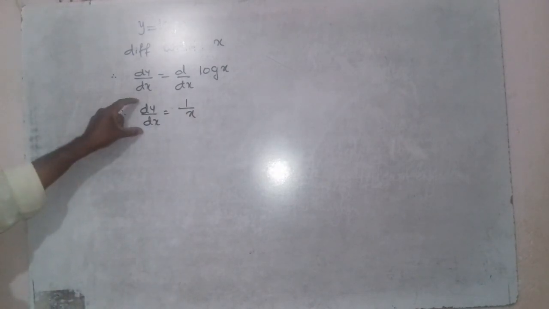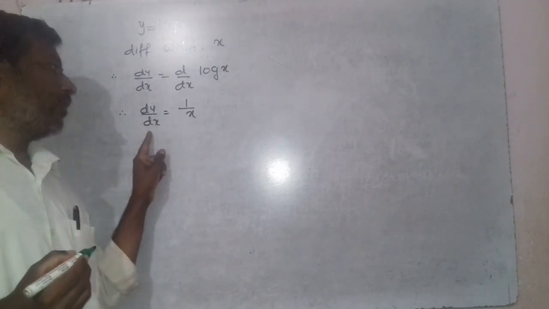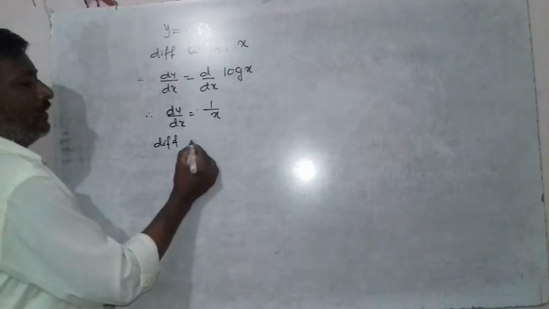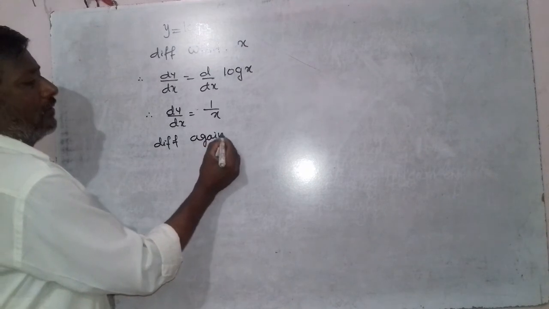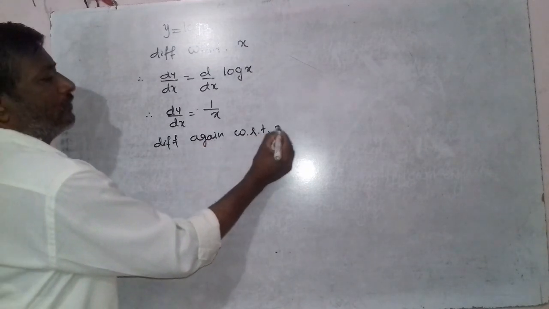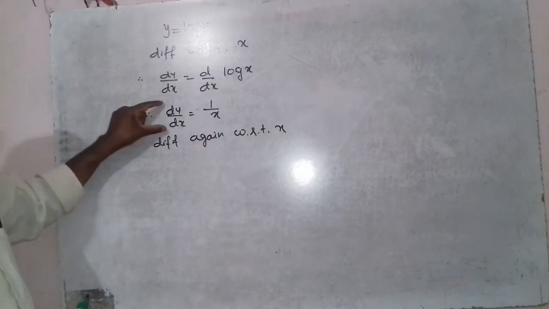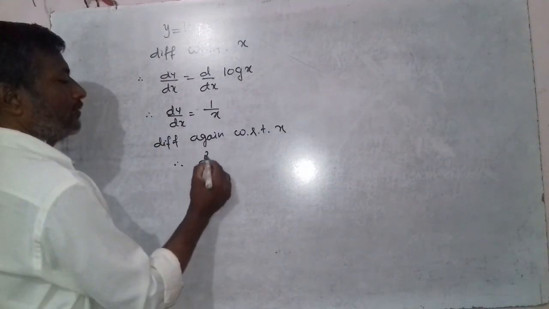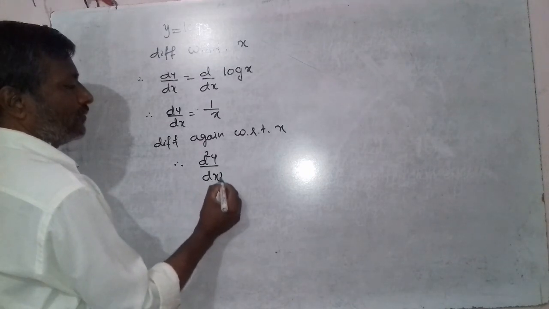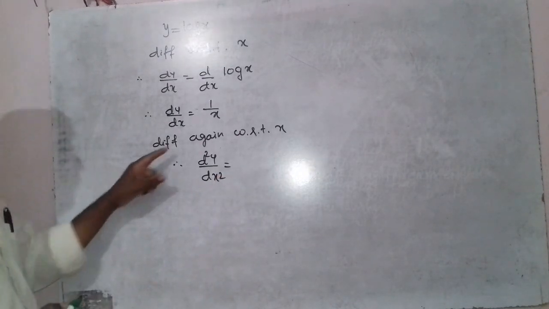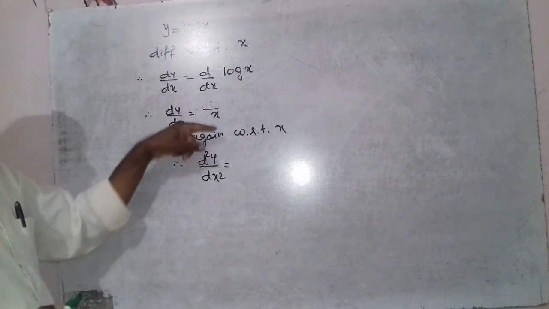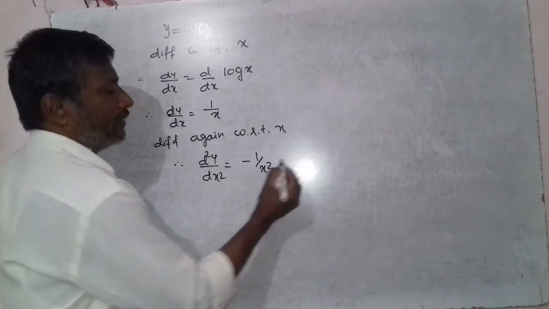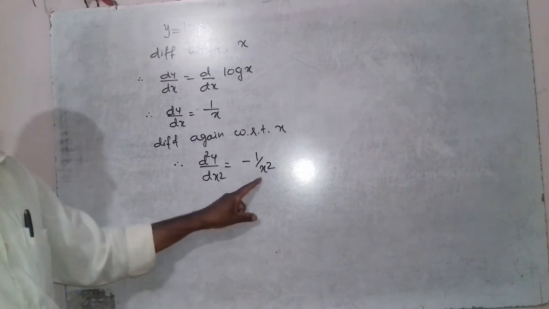That is the first derivative, or first order. So differentiate once again with respect to x. dy by dx is equal to 1 by x, so the derivative is d square y upon dx square, and this equals minus 1 by x square.